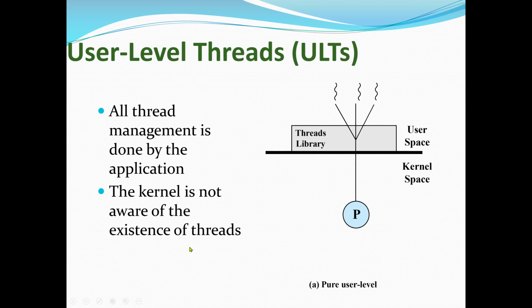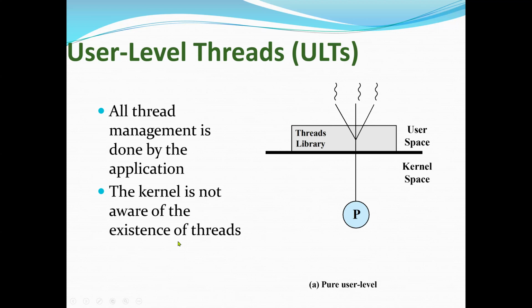Any application can be programmed to be multi-threaded by using the thread library, which is a package of routines for user level thread management. This thread library contains code for creating and destroying threads, for passing messages and data between threads, for scheduling thread execution, and for saving and restoring thread contexts.